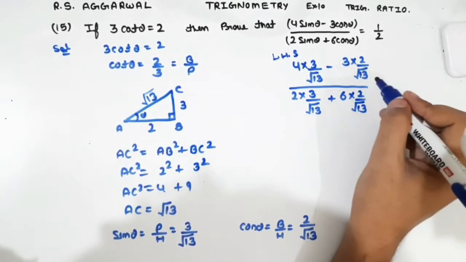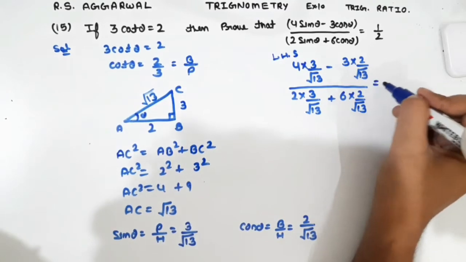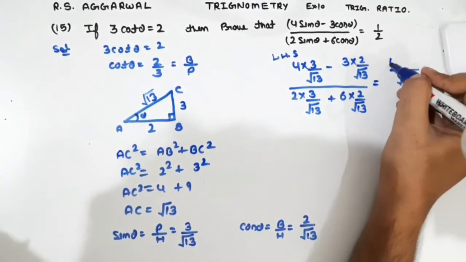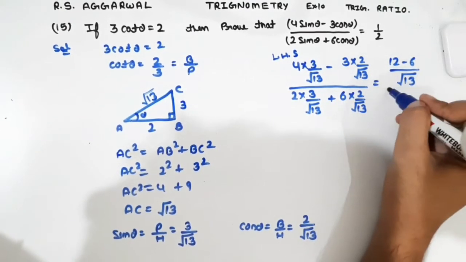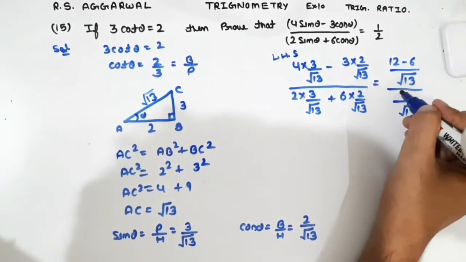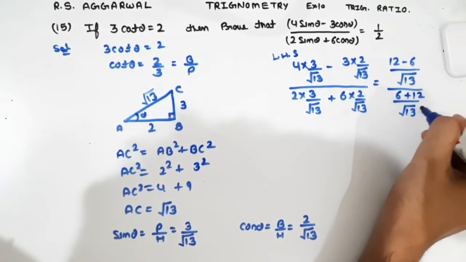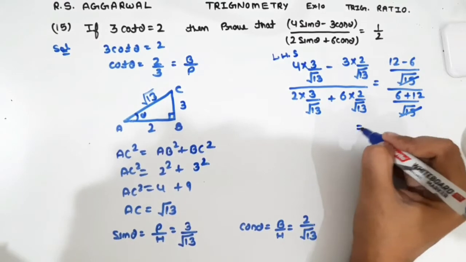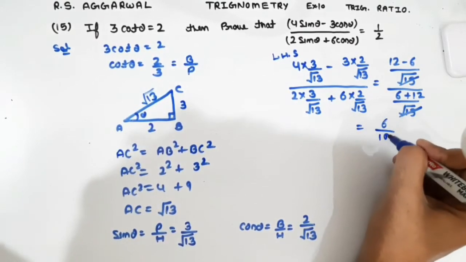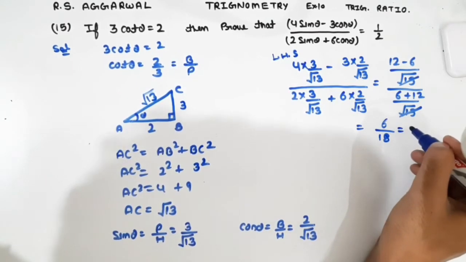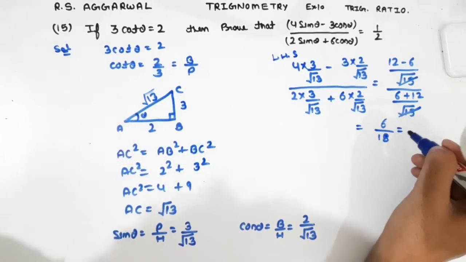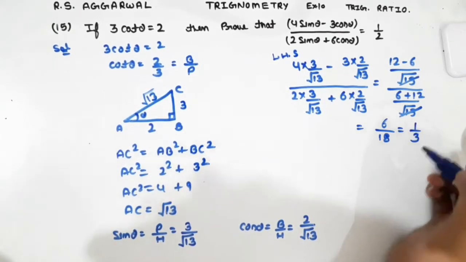So over here root 13 will be our LCM. That will be 12 minus 6 upon here again root 13 will be LCM. So 6 plus 12. So root 13 will be cancelled out. That will be 12 minus 6 will be 6 upon 18. So that is equals to 1 upon 3.